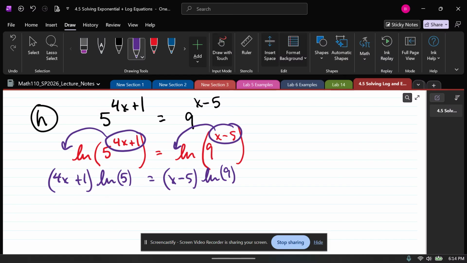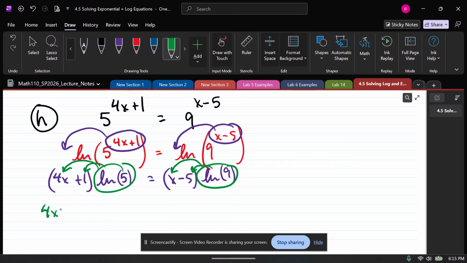Now here's that weird step. When you do that, the next step is to take this natural log of 5 and distribute it to both of those pieces. And take this natural log of 9 and distribute it to both of those pieces. So this is going to be 4x natural log of 5 plus 1 natural log of 5.